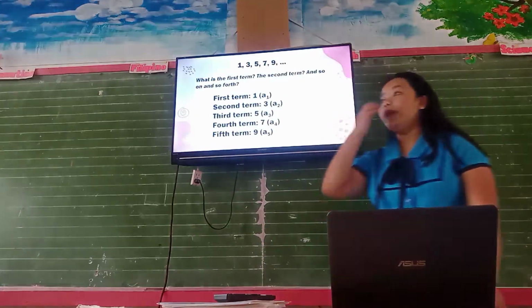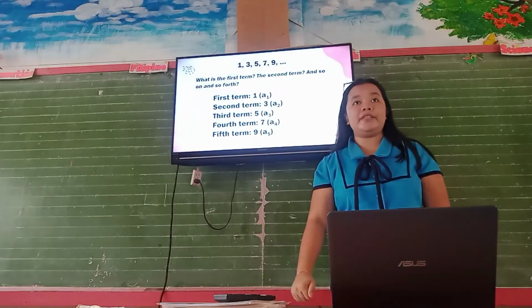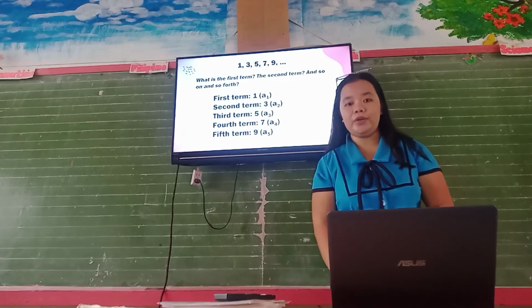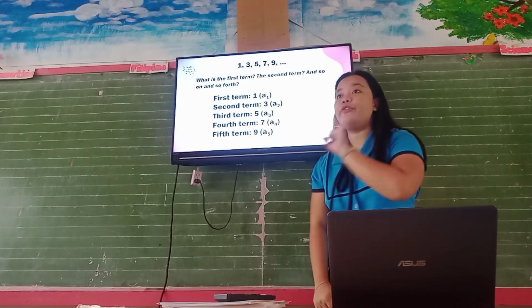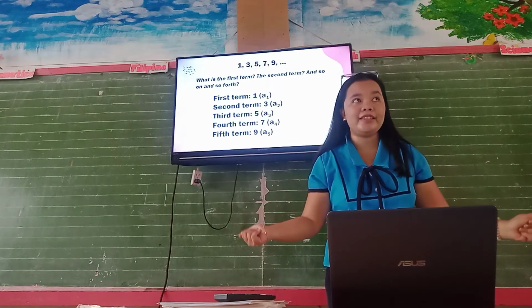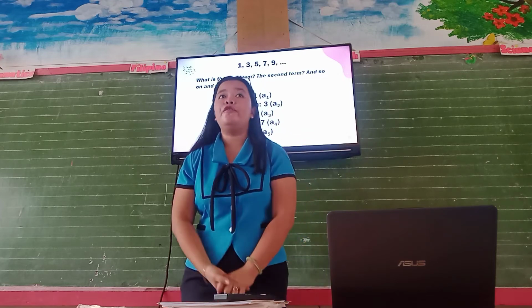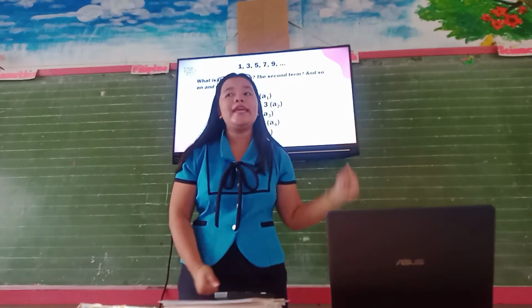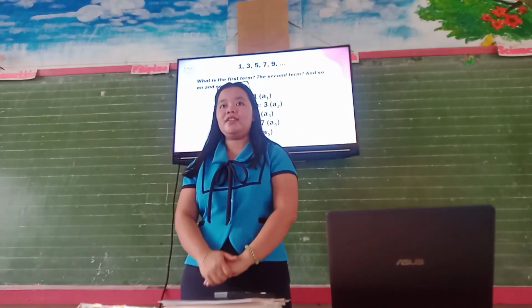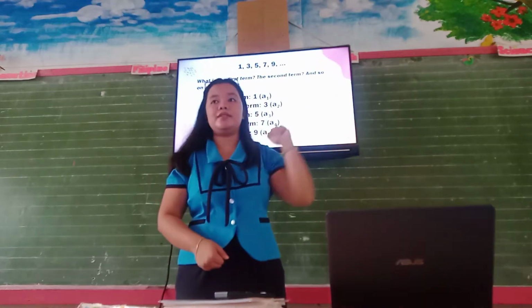We can see in this given set of numbers there are only 5 terms: 1, 3, 5, 7, and 9. Suppose we are to find the 20th, the 50th, or even the 103rd term of the sequence.